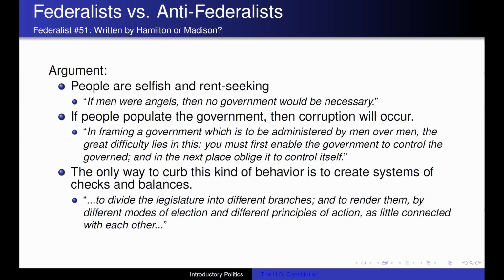Federalist 51, largely assumed to be Alexander Hamilton writing, makes a similar claim, but ends up with a different angle, where Madison is essentially articulating that we need a strong central government to control people because we are going to devolve into oppression.